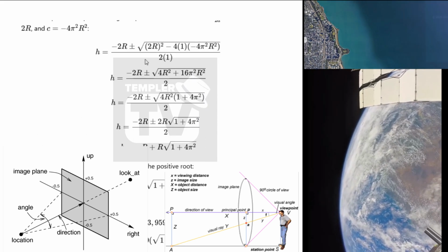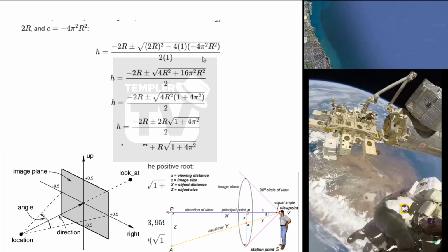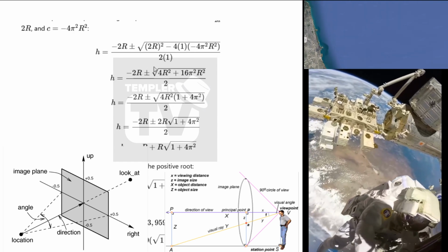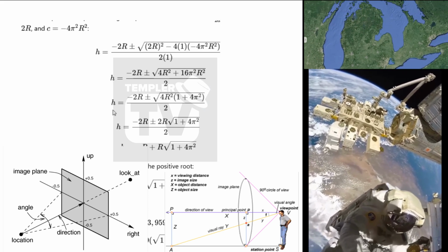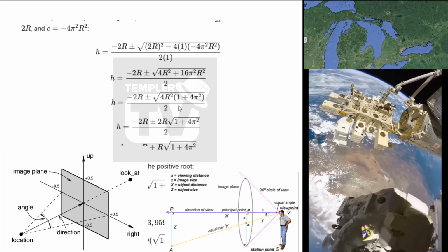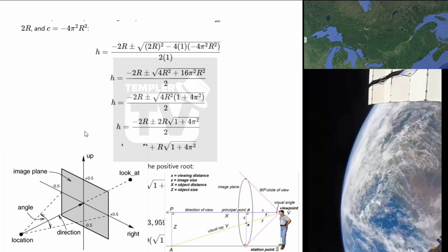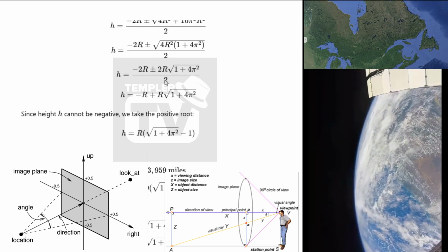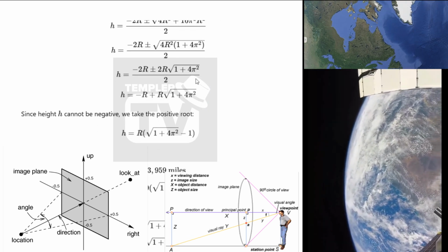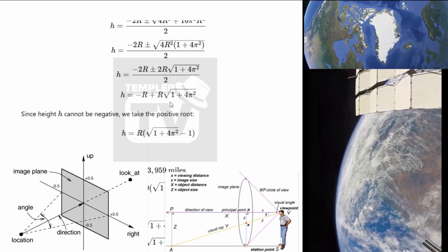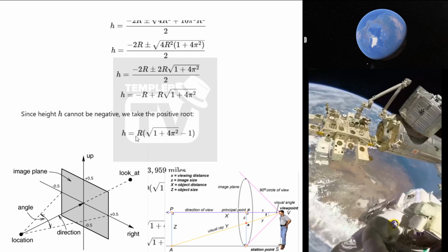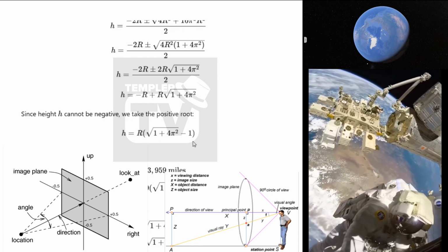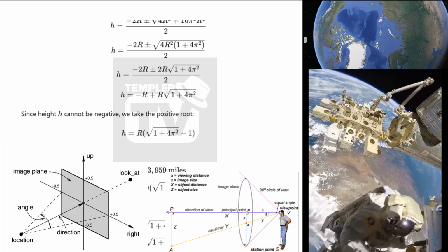H equals frac 9 of 2r2 minus 1 minus 4r squared r2, 1. H equals frac 9 of 2r squared 4r2 plus 16 pi squared r2. H equals frac 9 of 2r, 4r2 1 plus 4 pi 2. H equals frac 9 is 2r 1 plus 4 pi 2. H equals 9 is r plus 4 pi squared. Since height h cannot be negative, we take the positive root. H equals r 1 plus 4 pi squared minus 1. 6. Substitute the value of r.